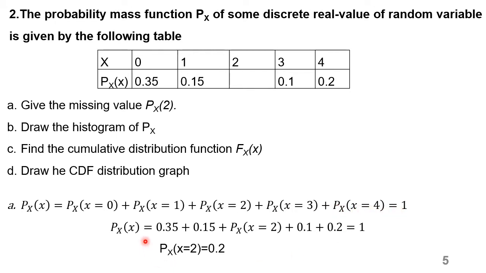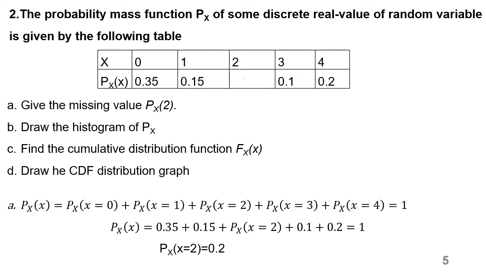So 0.35 plus 0.15 plus Px of x equal to 2 plus 0.1 plus 0.2 is equal to 1. This will give us Px of x equal to 2 is equal to 0.2. So here we can write this as 0.2.